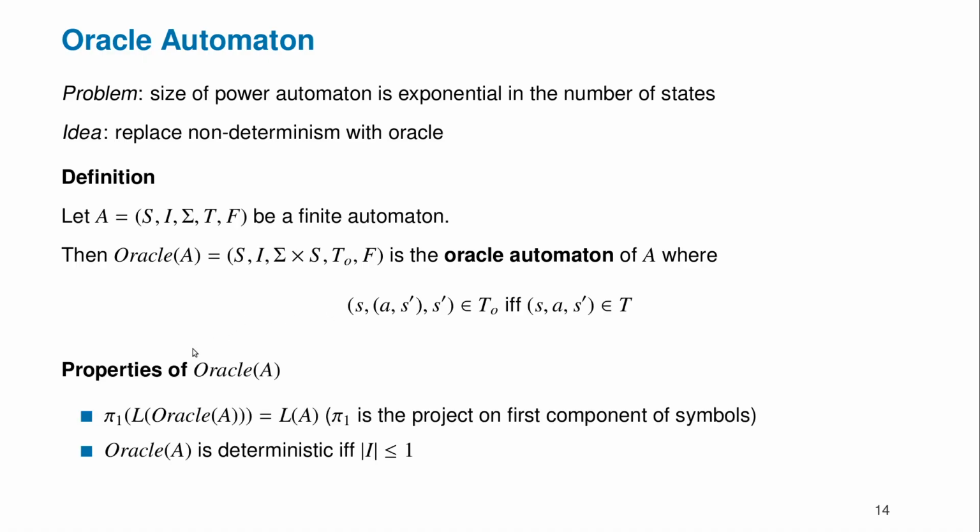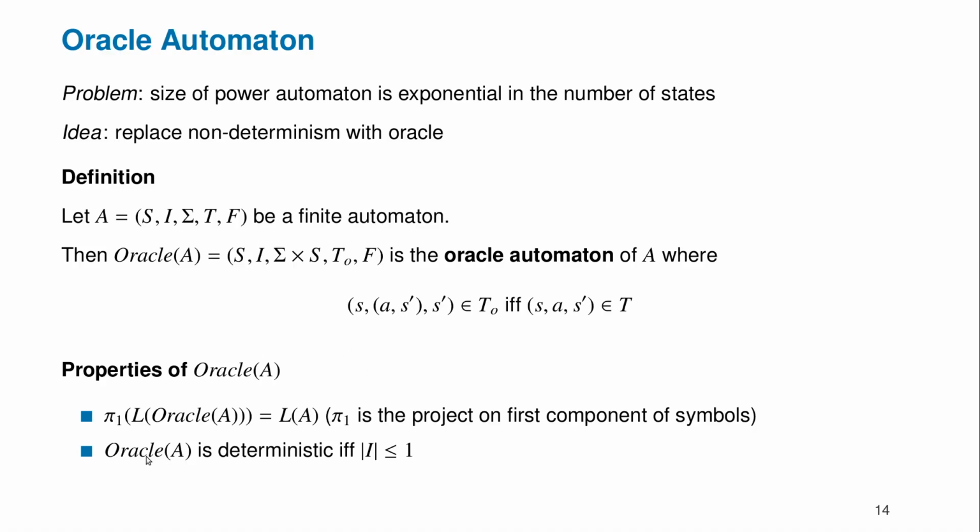And if we now have a projection function, meaning that we simply remove the second component of the pair and just keep this first component, when we analyze a word, for example, then we obtain the language of the original automaton.